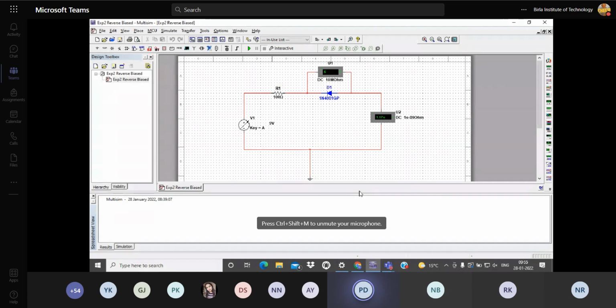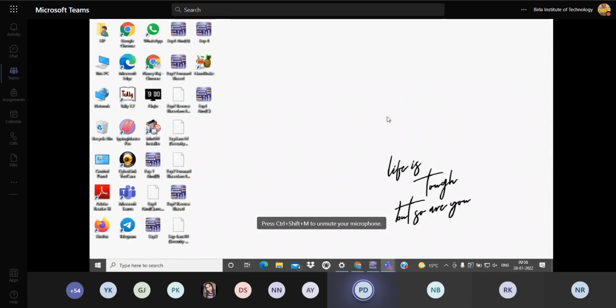And I have already shown this, sir. Yes, Rishabh. Okay, you have completed 3, 4 also. Yes, ma'am. Okay, so you can show. Ma'am, in experiment number 4, I have a doubt, so I can't show it now. So what's your doubt? You can clear now. Ma'am, it's clear.